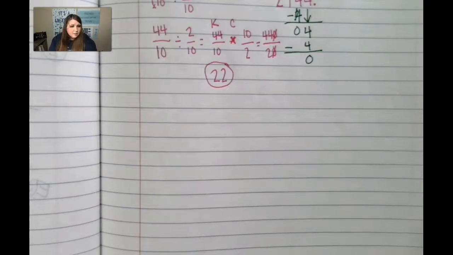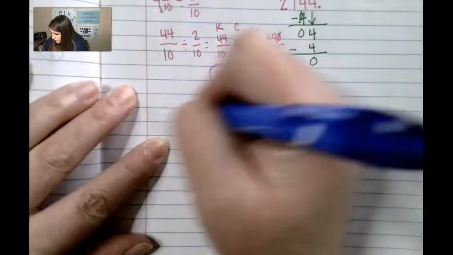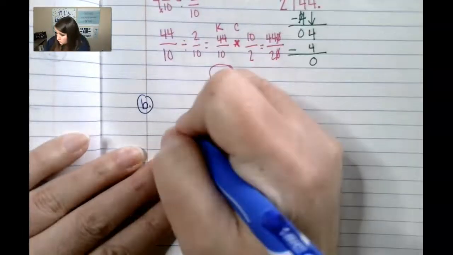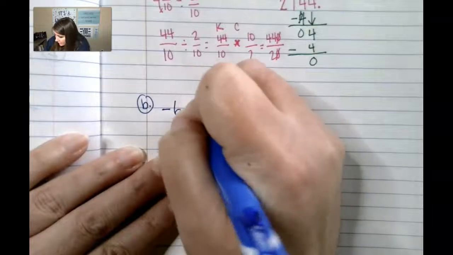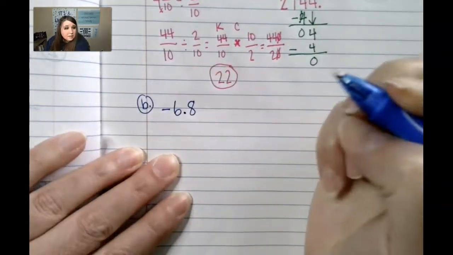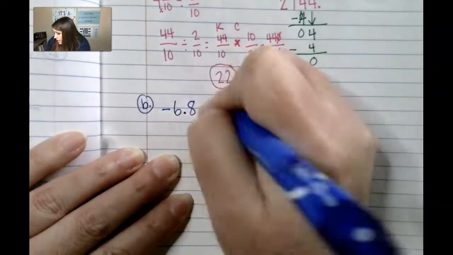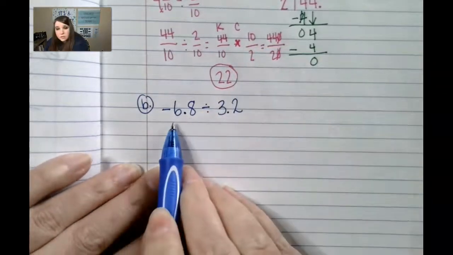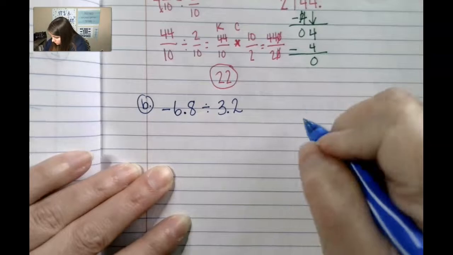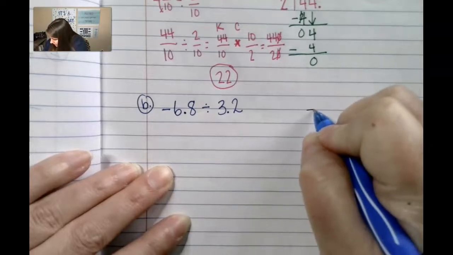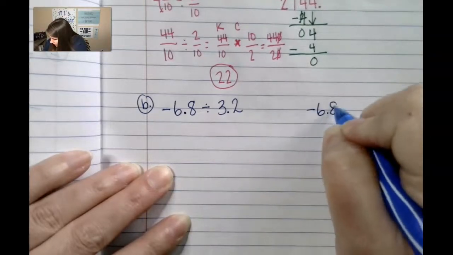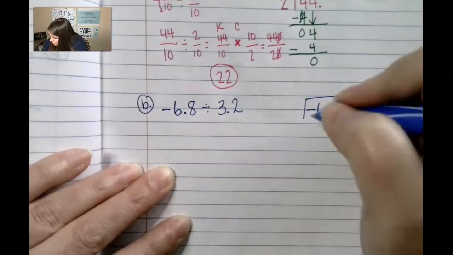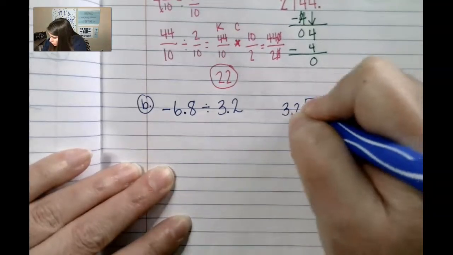Example B says to find negative 6.8 divided by 3.2. The first one goes into the symbol, so we have negative 6.8, and we're going to divide that by 3.2.